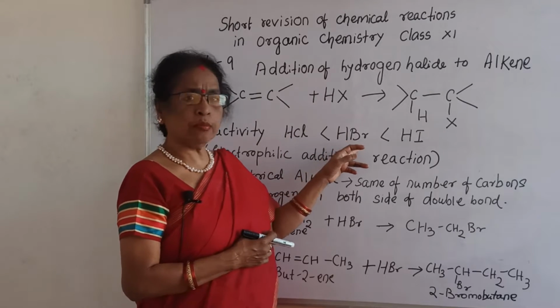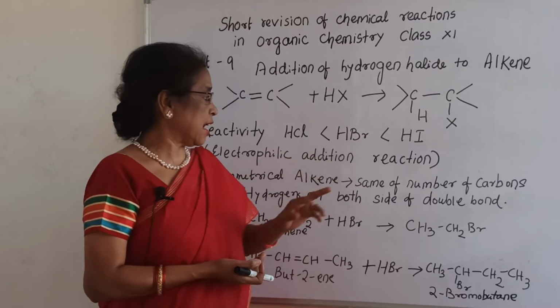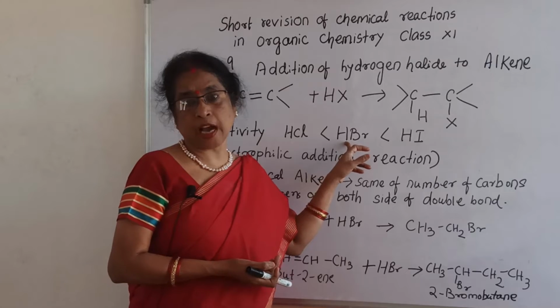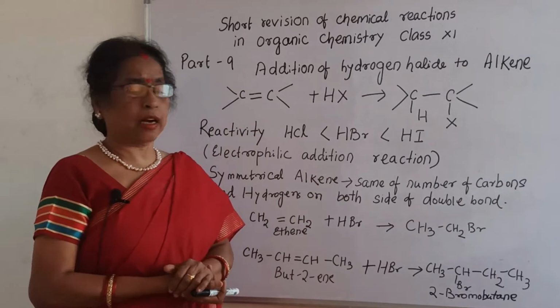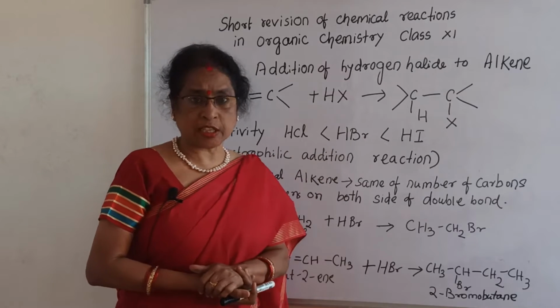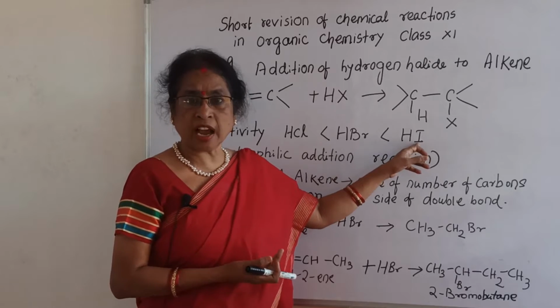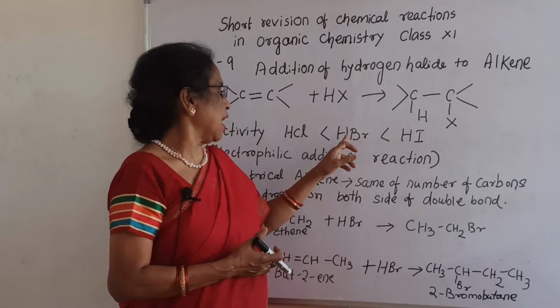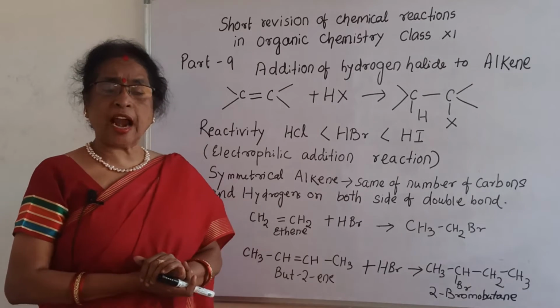Generally almost all addition reactions with hydrogen halide take place with the help of HBr. This is one type of electrophilic addition reaction. This order is possible because iodine is large in size, so it can break easily, then bromine, then chlorine. So this is called electrophilic addition reaction.